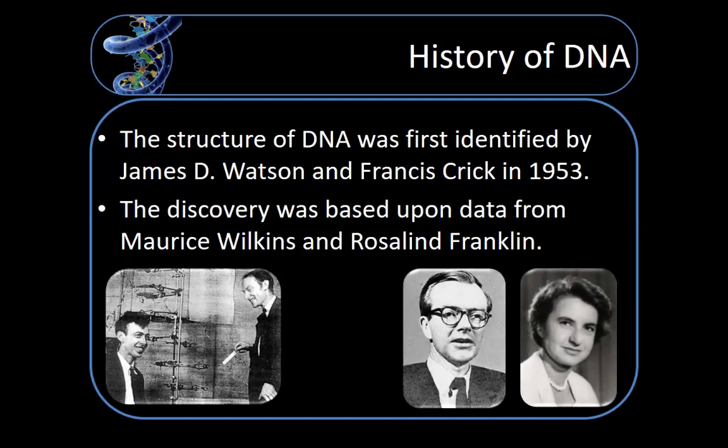Now, Watson and Crick, because they came up with the structure, are the ones that got all the fame and fortune, but it was a picture taken by Rosalind Franklin that actually allowed Watson and Crick to come up with this structure in the first place. All 4 of the characters are pretty unique in this story, and there's a video that we'll watch that gives you a little bit more of the history and power of the discovery of the DNA double helix.